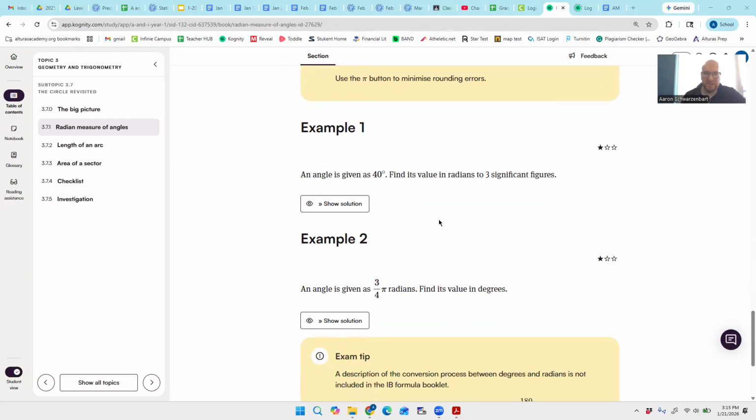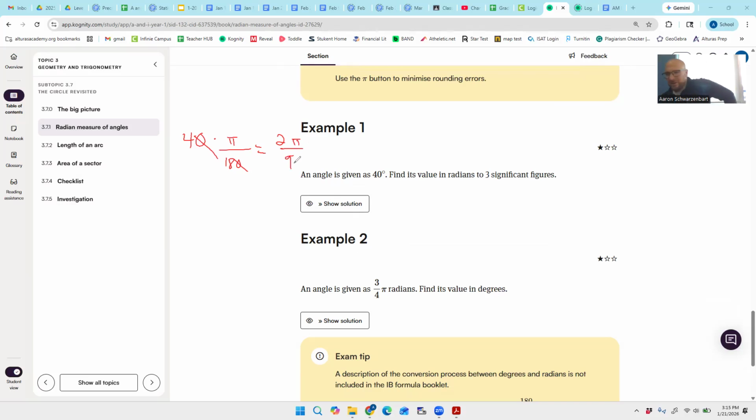So an angle given as 40 degrees, its value in radians to 3 significant digits. Simple conversion, 40 times pi over 180. I guess I'm going to have to use a calculator because it wants it to 3 significant digits. 4 over 18 is 2 pi over 9.